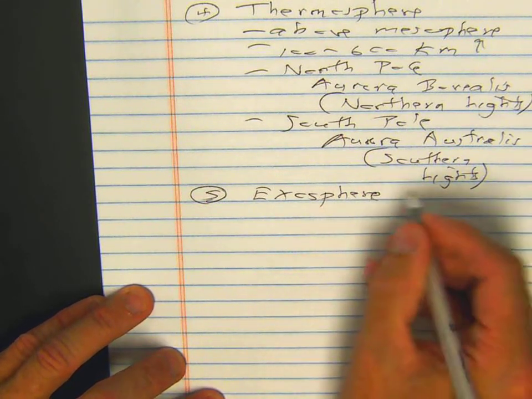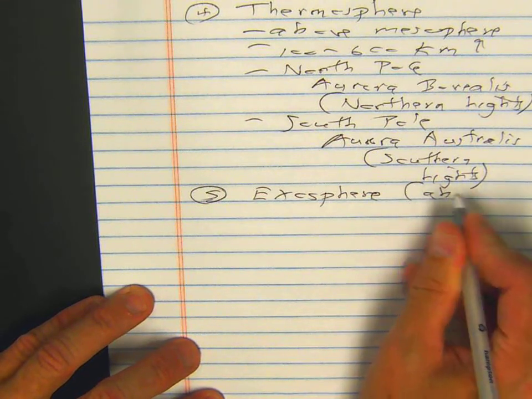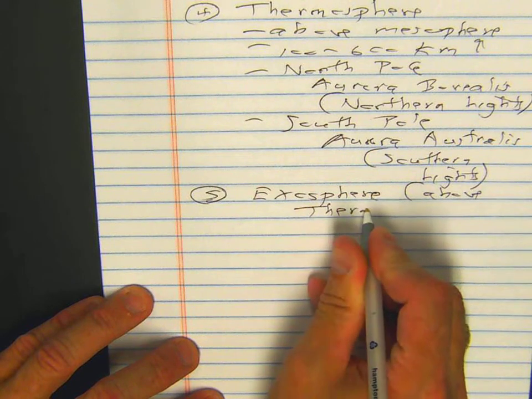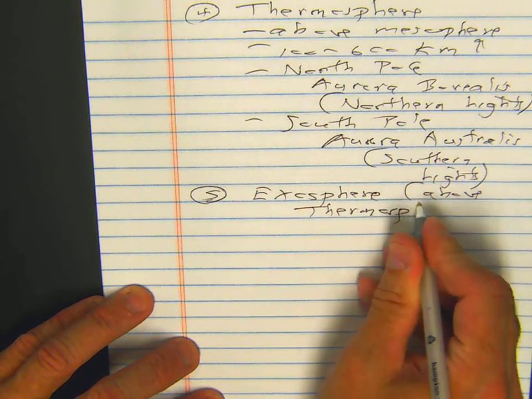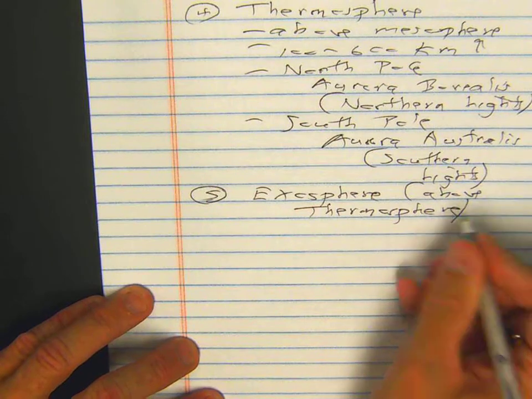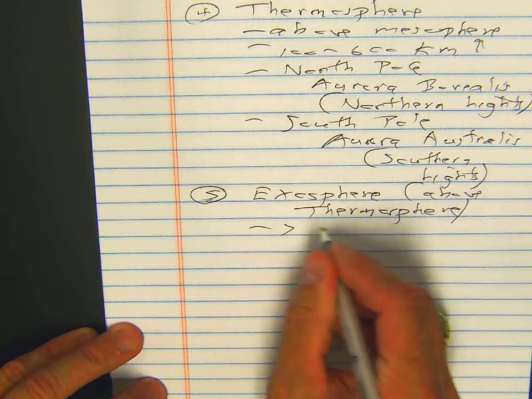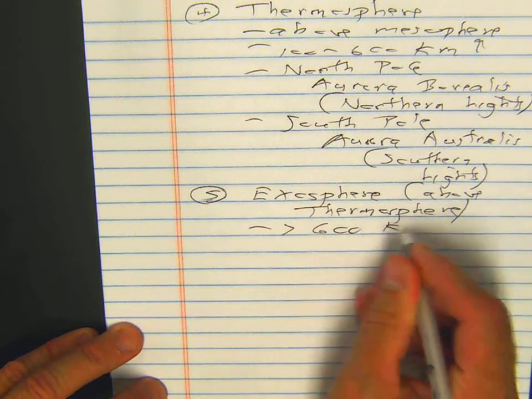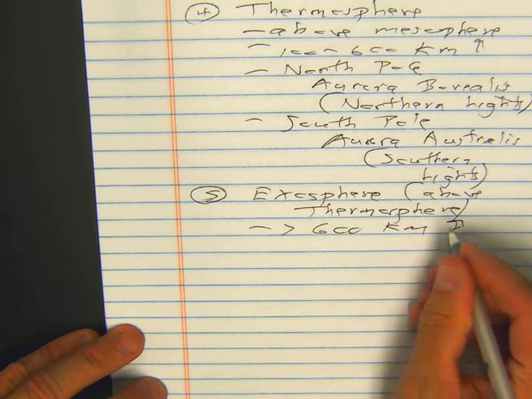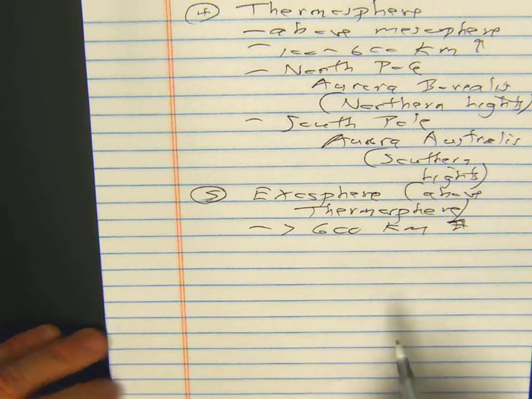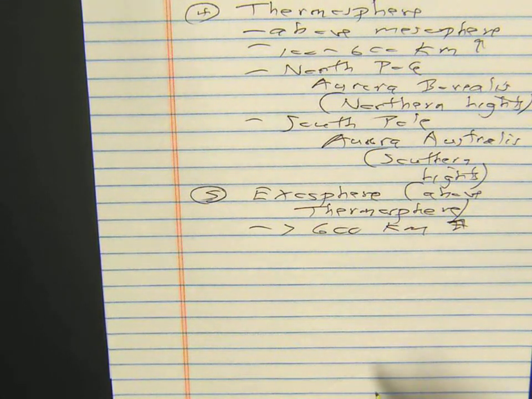That would be way up, above the thermosphere, typically greater than 600 kilometers up. So way up there. And those are the 5 layers of the atmosphere, and I wanted you to know about those. Thank you very much.